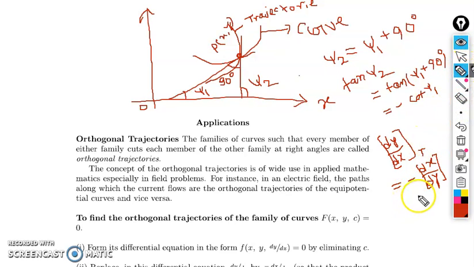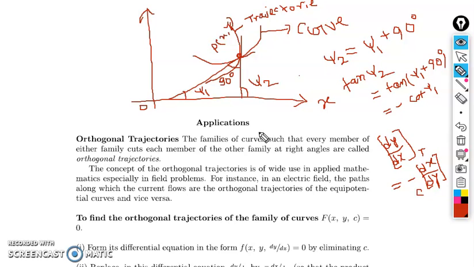Now we explain the concept regarding trajectory. A family of curves is given. You have to find a family of curves, that is the required curve, which cuts the given family of curves orthogonally. Orthogonal means 90 degrees.